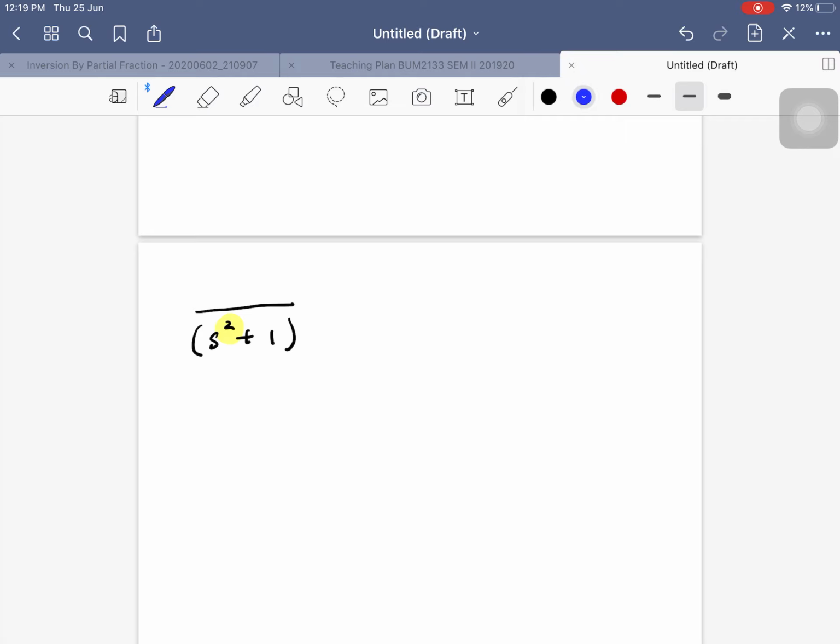So at the top I'm going to have s to the power of 1, and also s to the power of 0. Each of these is going to be multiplied by a constant. For example, I'm going to multiply this by a and the back term by b. Therefore I'm going to end up with as plus b over s squared plus 1. So remember, the bottom determines what goes on top.